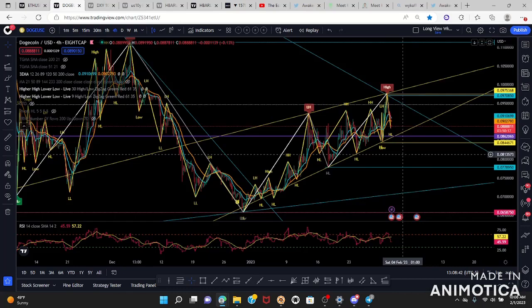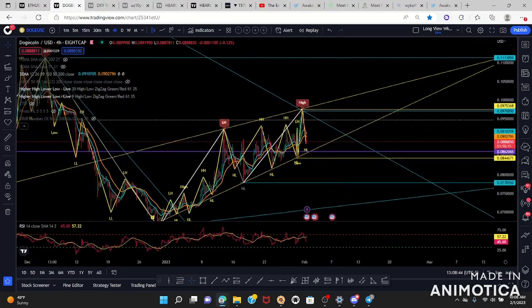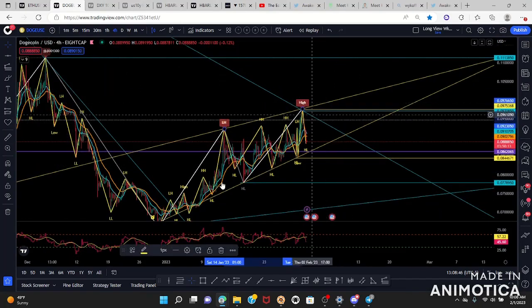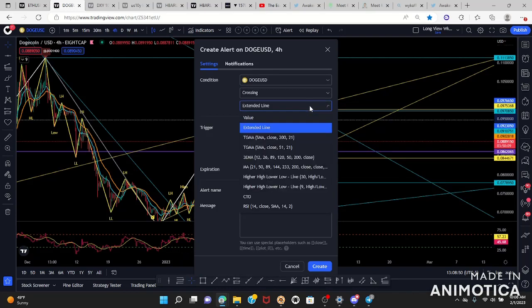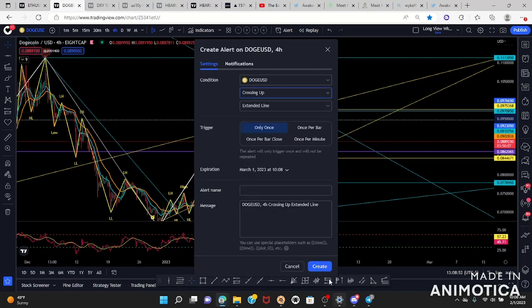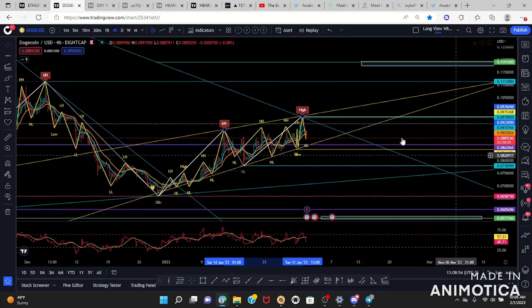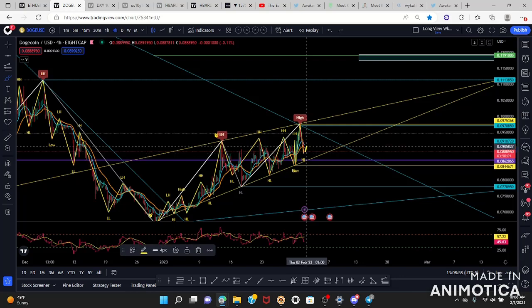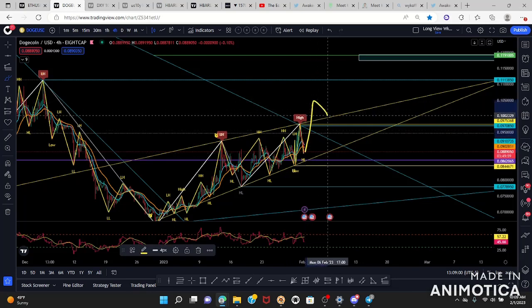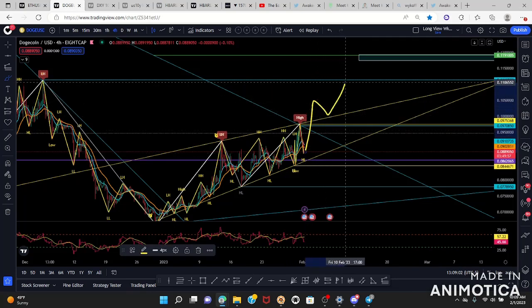So set your alarm, okay, and let's say it goes up, right? Set your alarm in the resistance trend line too, right? And if it moves to the upside, it's gonna wake up, alarm you, retest, and then move to the upside.